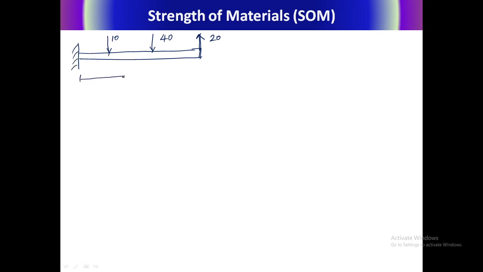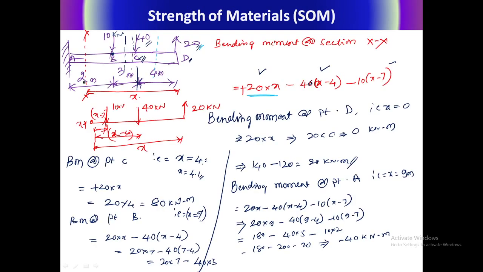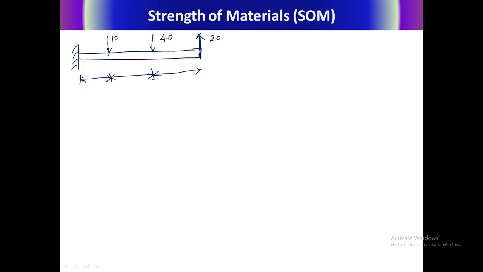So now the distances are 2, 3, 4, right? This distance is 2 meter, this is 3 meter, this is 4 meter, right? Now you can say free body diagram or space diagram.